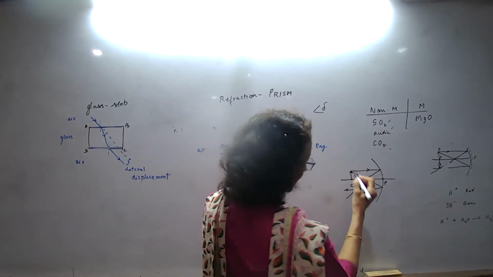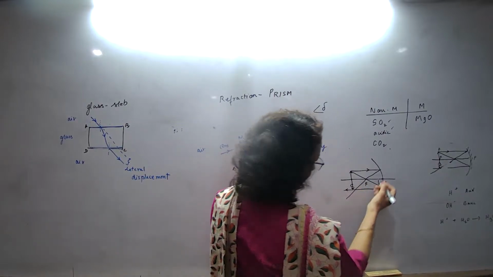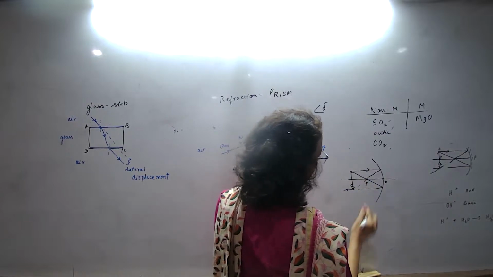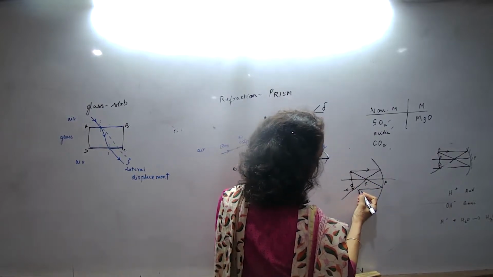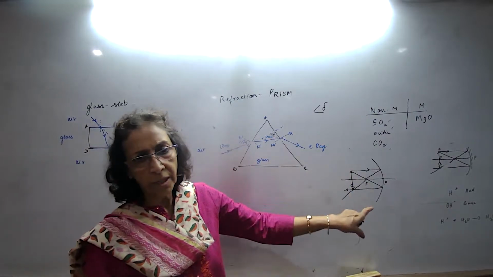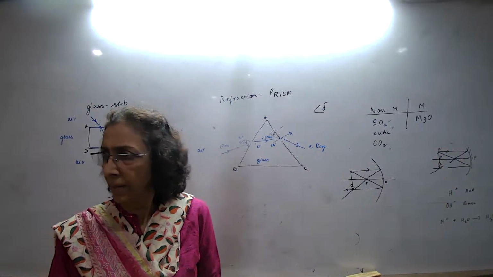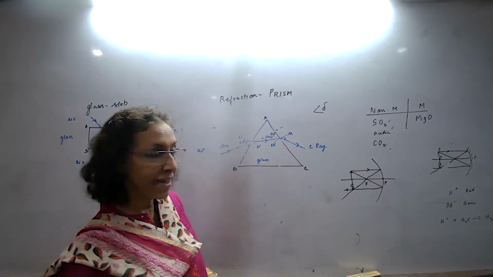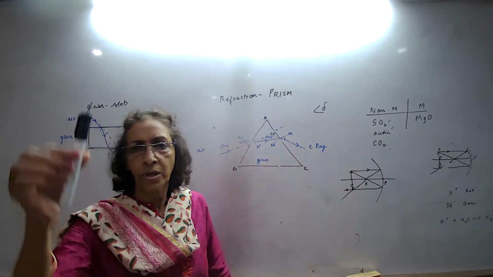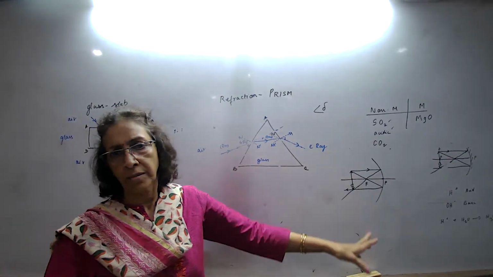Now, if you use your scale very accurately, you will find that the image is formed here. I'm not using the scale as well. And what would be the nature of it? Real and inverted, and the position will be at C. The size is the same. This is 1 centimeter, this will also be 1 centimeter. So it is inverted, same size as the object, and real.